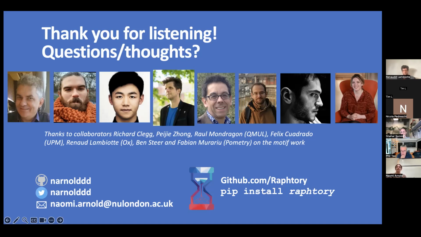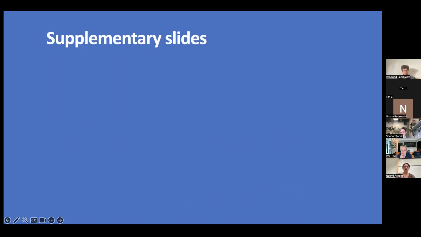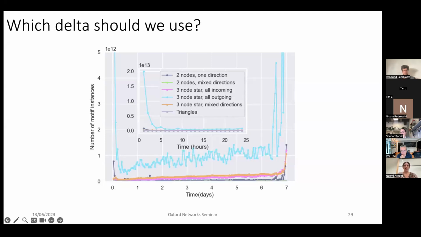One thing on some quirks of the escrow service which we found was when we were looking at the time windows and, as you increase the time window, how many new motifs of each type you see.